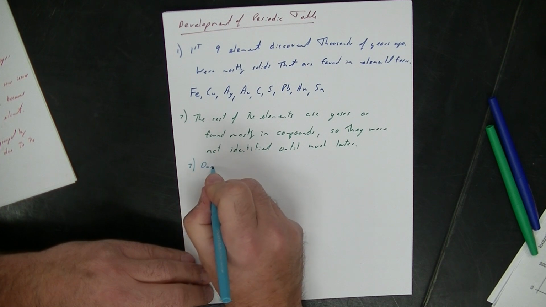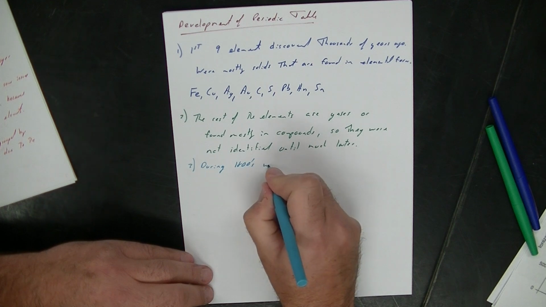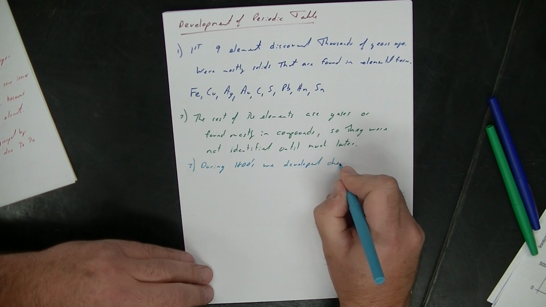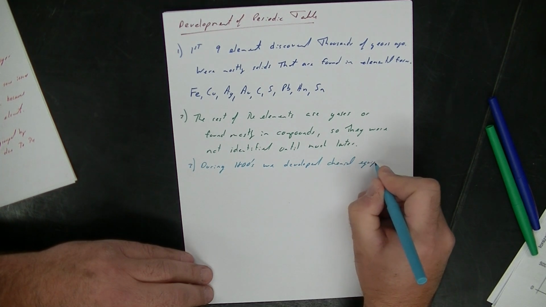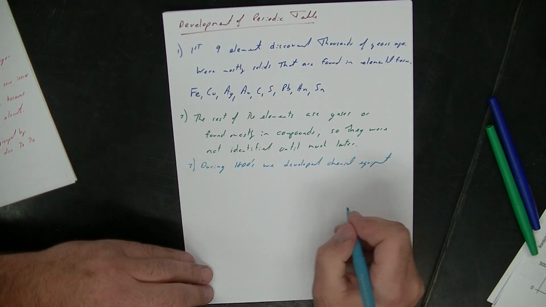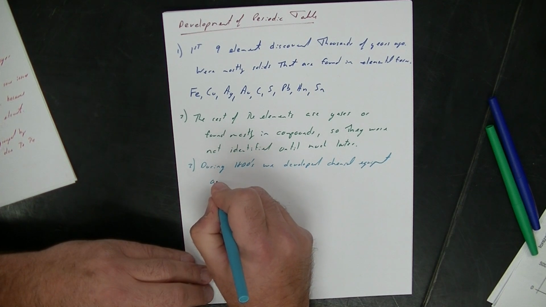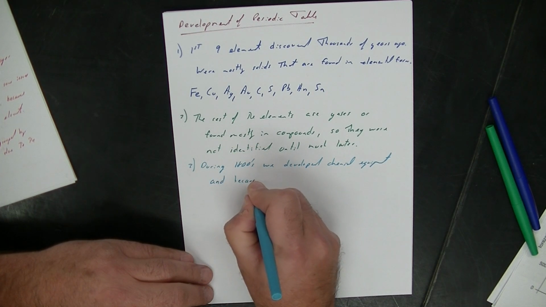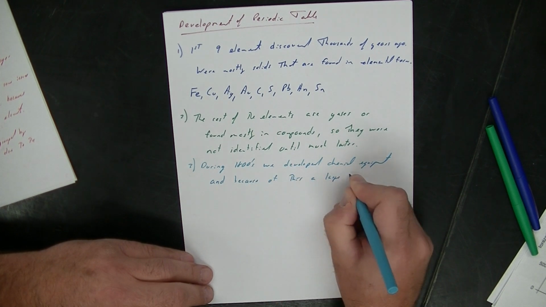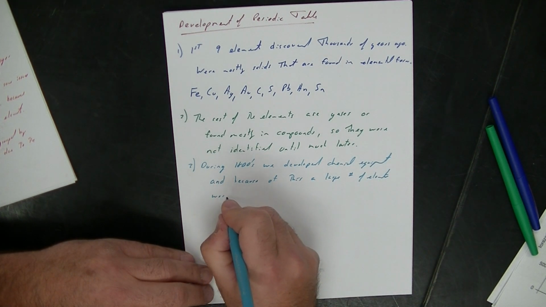So eventually, during the 1800s, we developed chemical equipment and because of this, a large number of elements were identified.